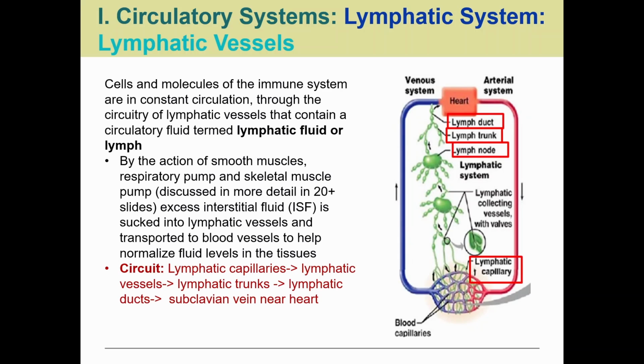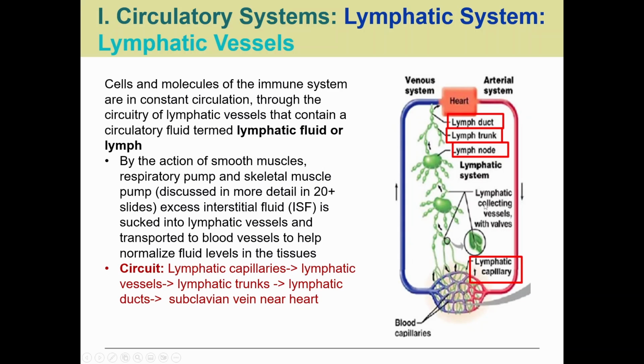But if we talk about how these two systems intertwine, we have the heart. The heart is going to pump blood through the arterial system to the capillaries. All the blood is going to keep moving to the venous system and back to the heart. But the fluid that does not make its way back in through the capillaries in the bloodstream is going to get pulled up by the lymphatic capillaries instead.